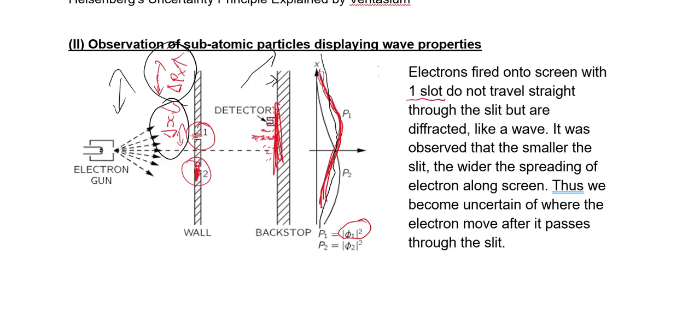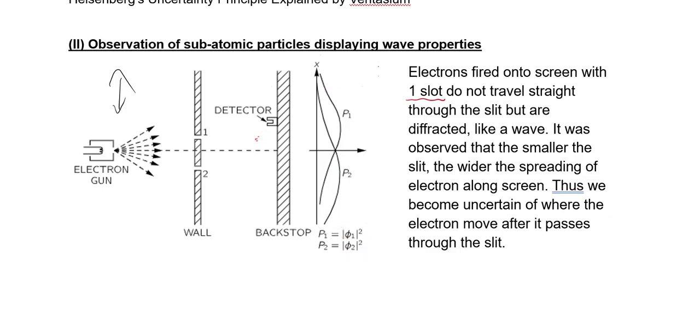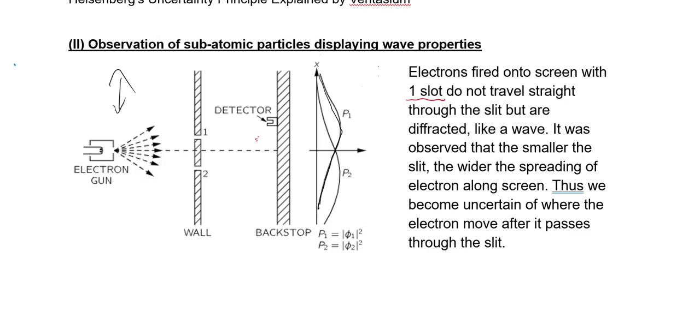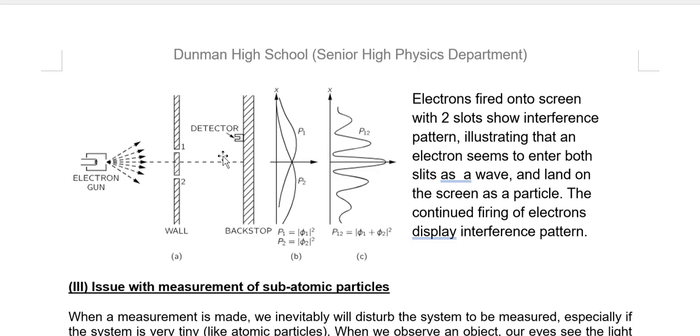What's interesting about this diagram is a lot of other stuff, so I'll explain that as well. If I close 2 and only let the electron pass through slit 1, I'll get this graph. If I close 1 and only let the electron pass through 2, I'll get this graph. Then if I open both 1 and 2, I will get this graph.